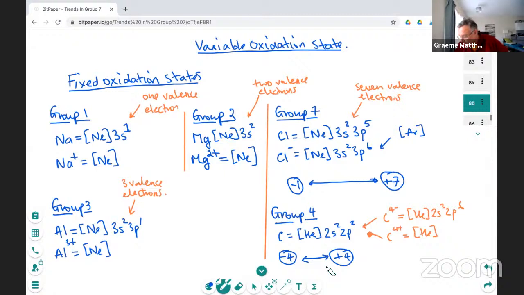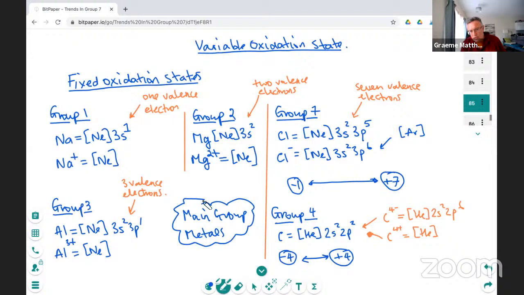Right then, okay, so on this one then, chemists. So we understand it, right? You're thinking group 1, group 2, group 3, the main group metals, fixed oxidation state, nothing strange there. Seen that before at GCSE, right? But on the other hand, we then looked at non-metals.